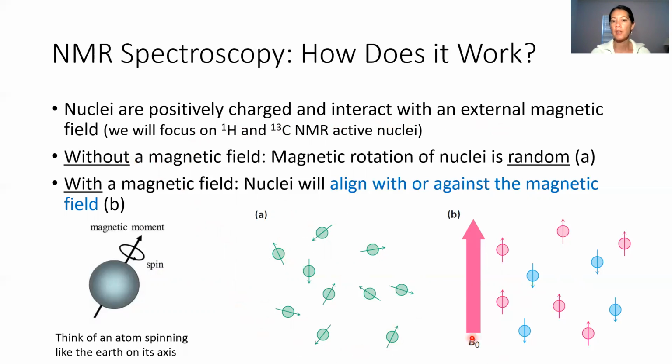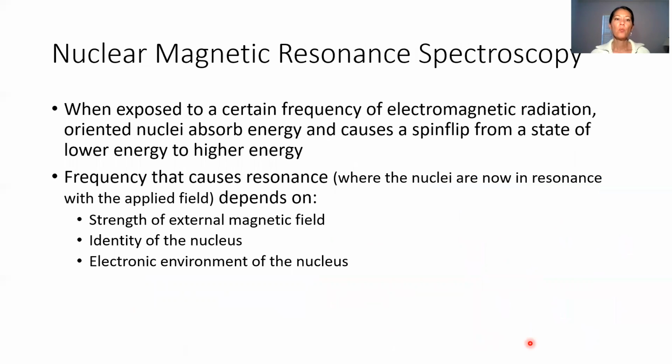If the magnetic field is applied in this direction, some of those nuclei will be aligned with it, up in this direction, or against it, down in this direction. So you could think of this as up or down spins. The one thing that is critical for us getting an NMR spectrum is that there are different spins and these nuclei can do a spin flip.